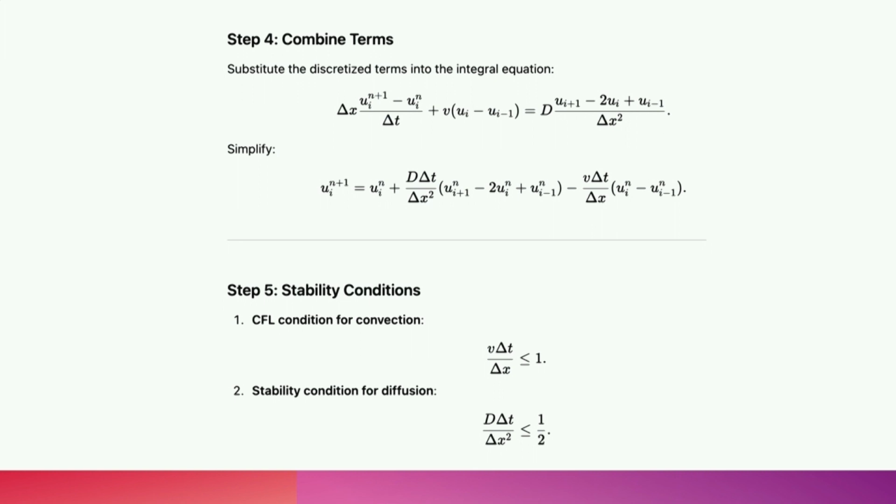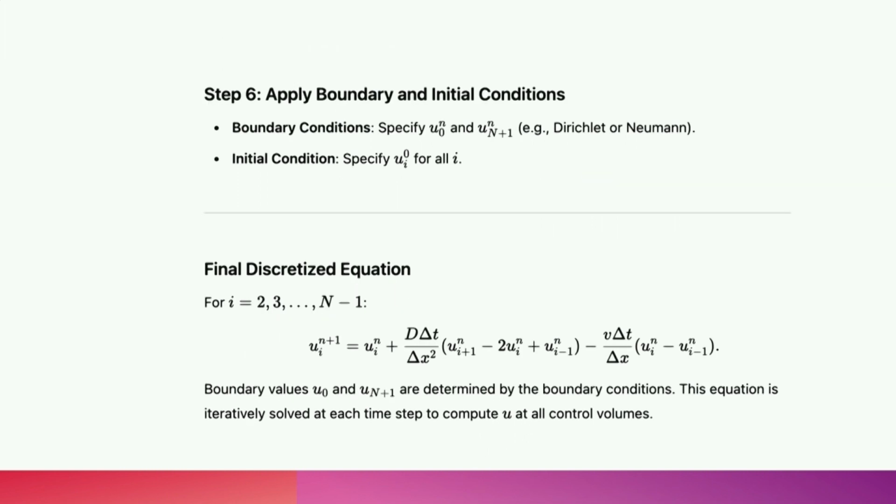You have to calculate beforehand, otherwise your solution will diverge. Now, the stability condition for diffusion is this one, we got it before. Again we apply the boundary conditions, similar things we can apply, as this is the final form of the discretization equation.